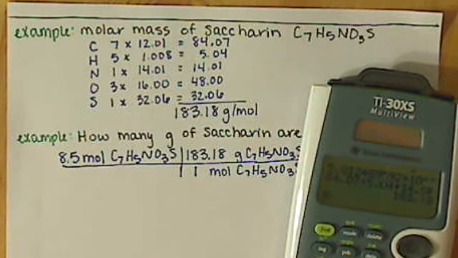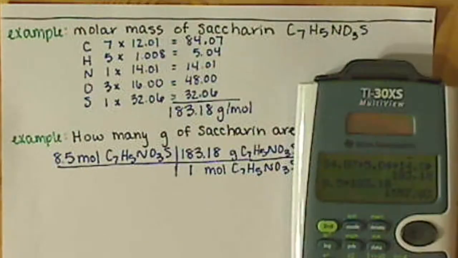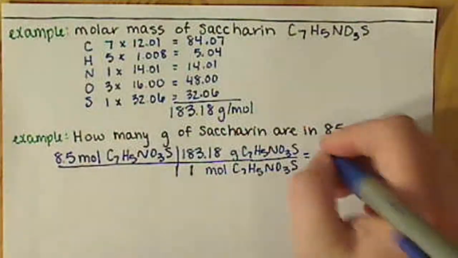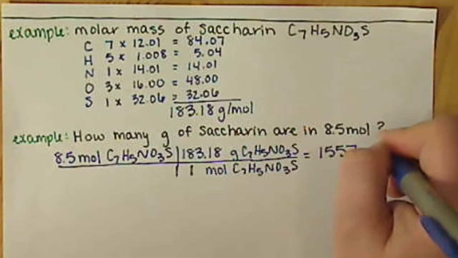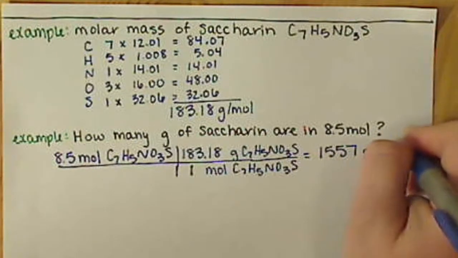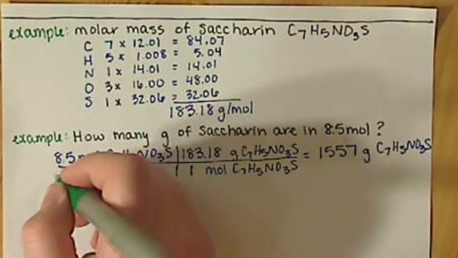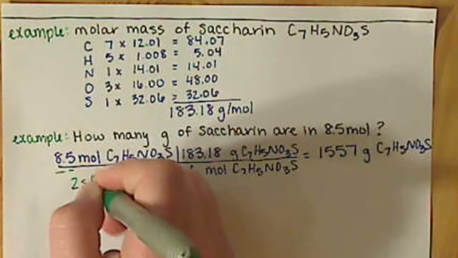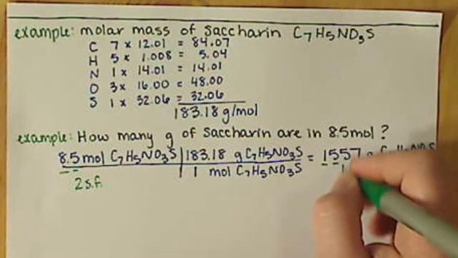So I take my 8.5 times 183.18 and I get 1557 grams of C7H5NO3S. I have 2 sig figs in my starting, so I need 2 sig figs in my ending.